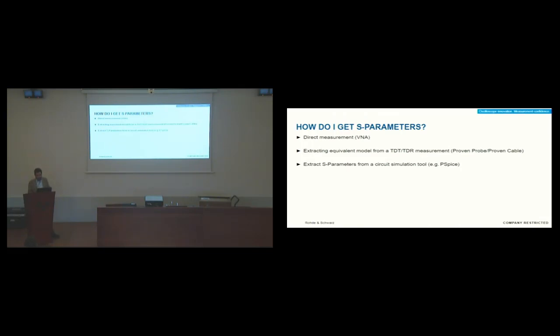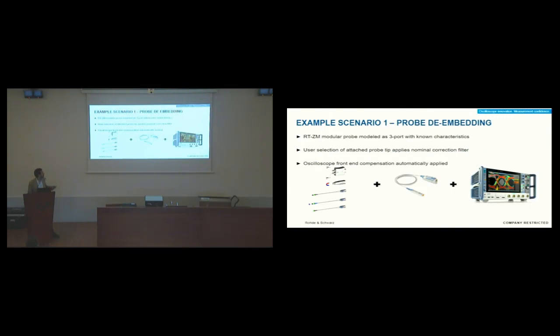What cases could be used for de-embedding? For instance, a probe. When we are probing into a circuit, the probe is of course also changing the conditions in the circuit and changing the signal. It has an impedance with a frequency response.